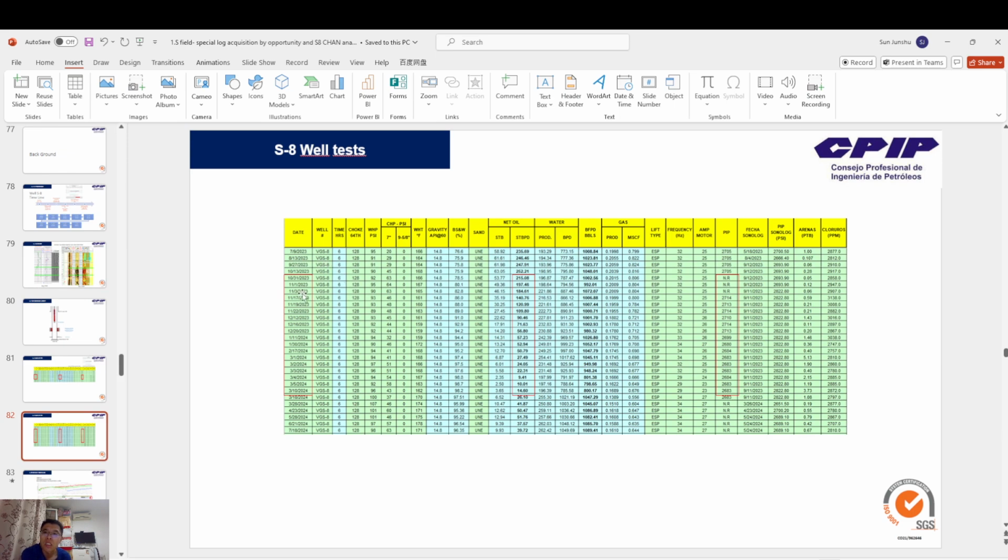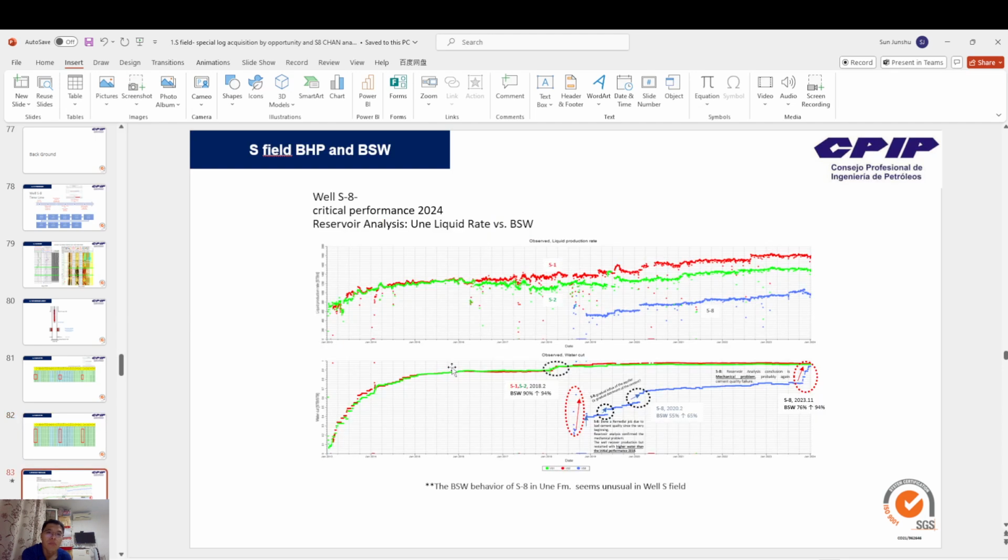But at the end of October 2023, the BSW suddenly increased from 76% to nearly 97%. Critical performance in 2024.